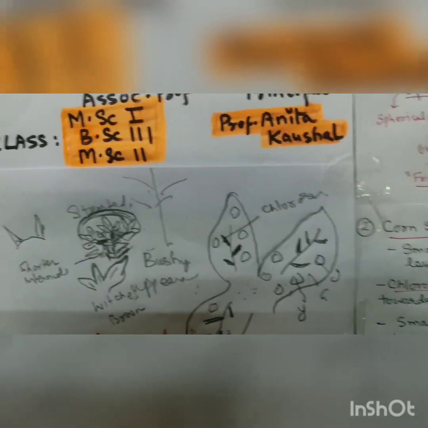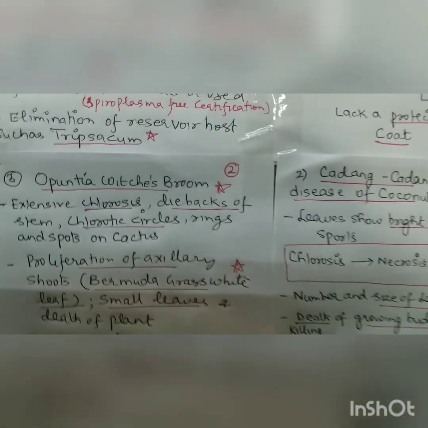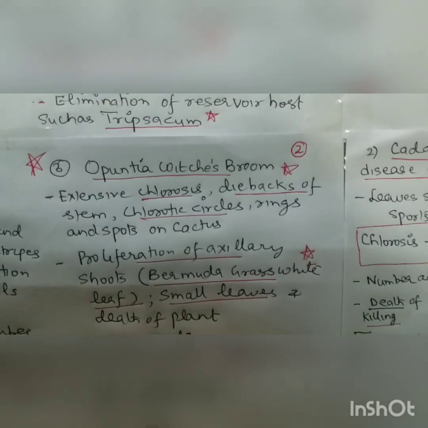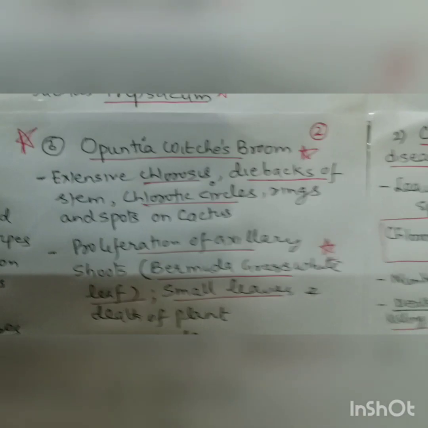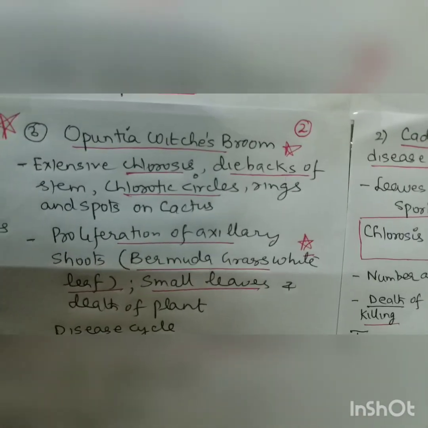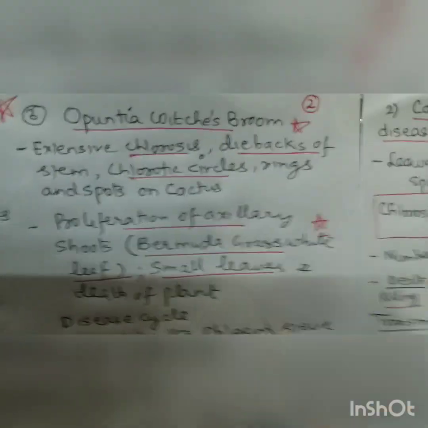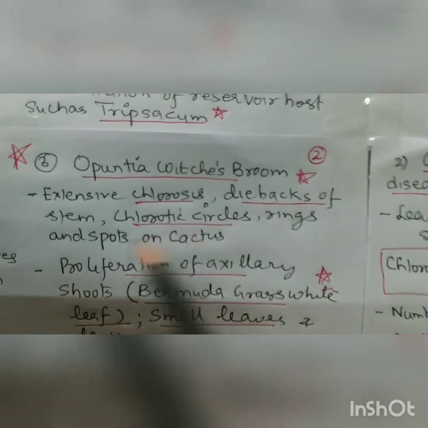So now we are coming to the third disease, that is Opuntia witch's broom. Here, very important, same as that, extensive chlorosis. We know we have chlorosis, then dieback of the stem.